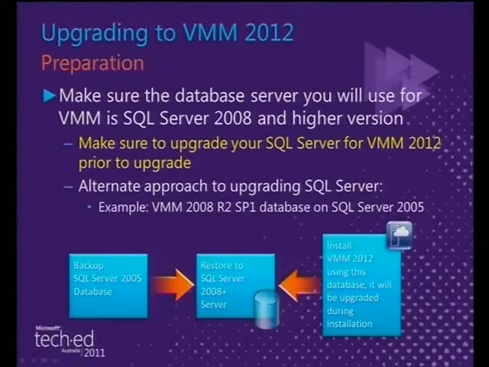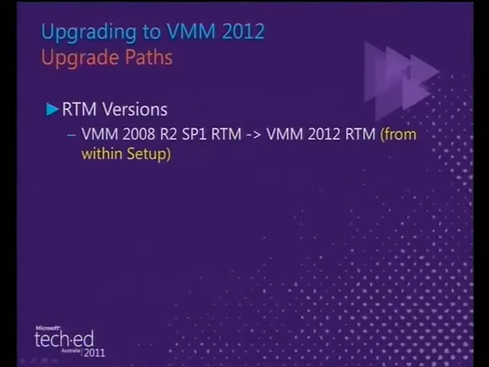Easy? Then you install VMM 2012. When you do this, it will upgrade the installation. You go to your actual database that was in 2005. It will upgrade your database with the new features of 2012. You're not going to lose anything, any configuration that you have.